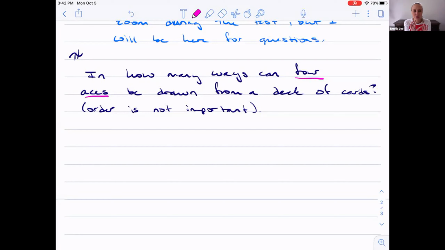The key is that there's no mention of any other cards. So what this is saying is this is implying a 4-card hand, which at first glance, it's not obvious, right? That you're drawing just 4 cards.